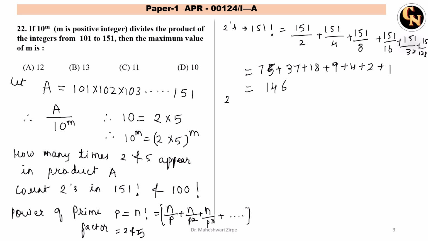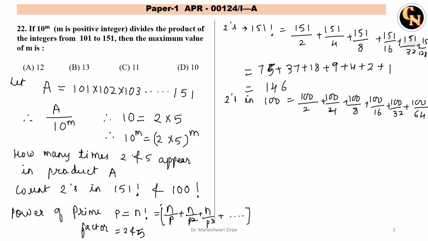Now similarly, 2's in 100 you have to calculate. 2's in 100 will be 100 upon 2 plus 100 upon 2 square, which is 4, plus 100 upon 2 cube, which is 8, plus 100 upon 16 plus 100 upon 32 and 100 upon 2 raised to 7, which is 64.